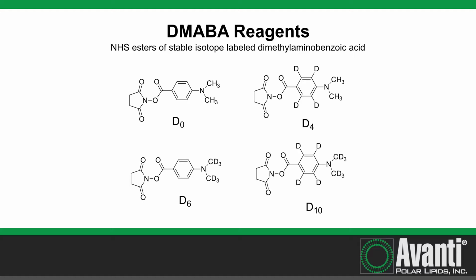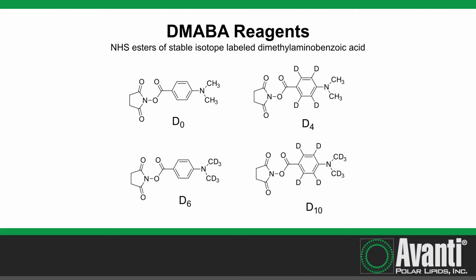A non-deuterated form. Here's one that's got 4 deuteriums on the aromatic ring. This flavor has 6 deuteriums on the 2 methyl groups of the amino group on the nitrogen, and then this version has both, 4 on the ring and 6 on the dimethylamino group. So there's D10. So we have D0, D4, D6, and D10.